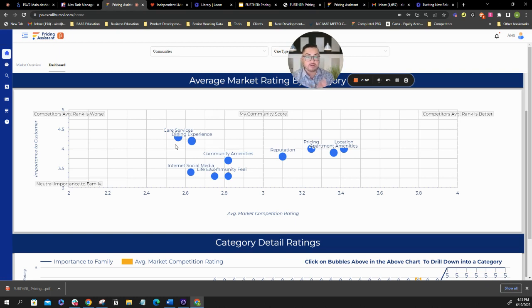On the other side, from a strategic planning and executive leadership standpoint: how can we help our communities be successful? How can we strategically allocate resources, capital, and time to improve our position in a market, to provide more value to seniors and their families, and therefore hopefully increase rate or occupancy?